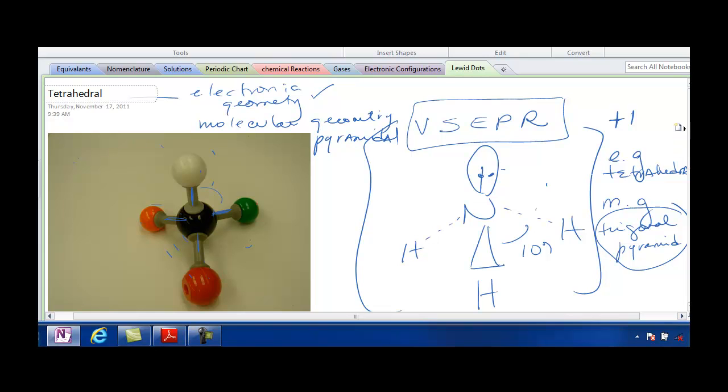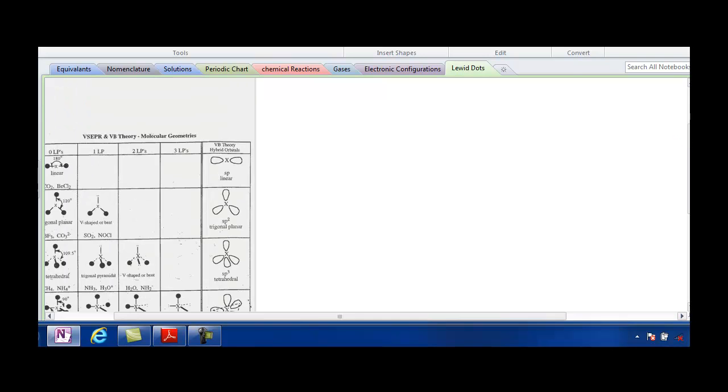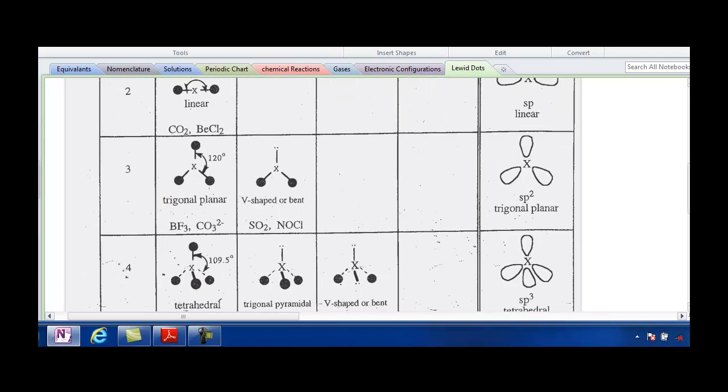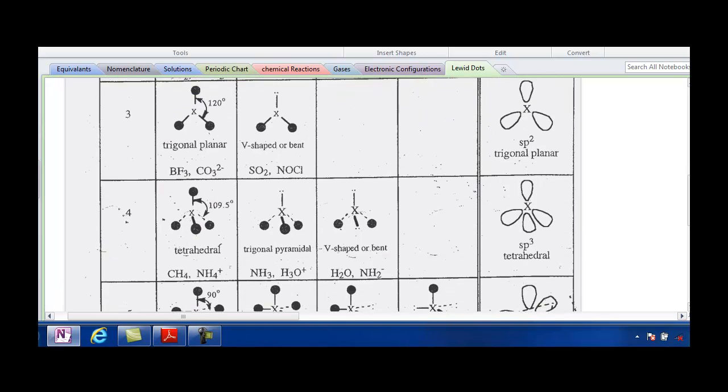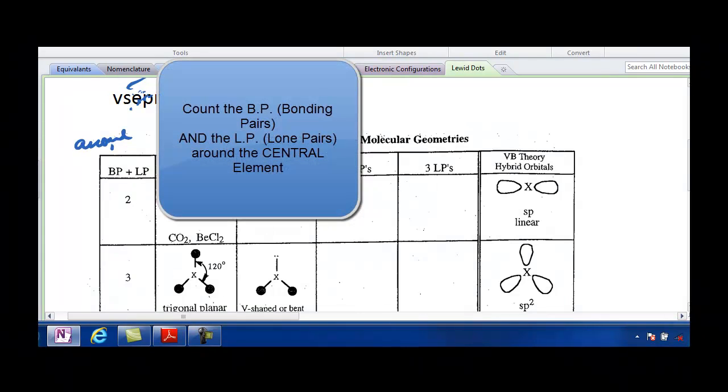In this handout, I am going to distinguish, using valence shell electron pair repulsion, the number of bonding pairs and lone pairs around the central element.